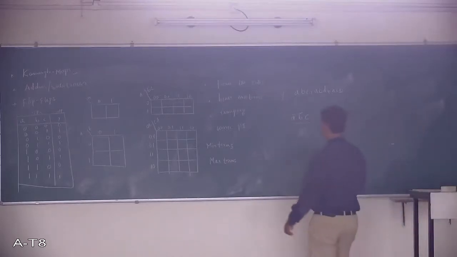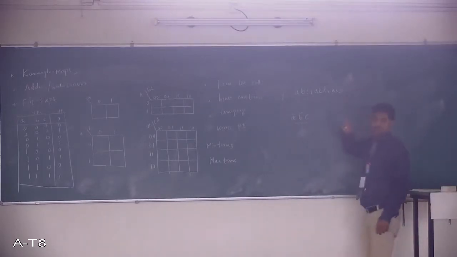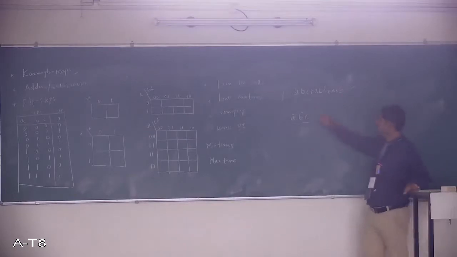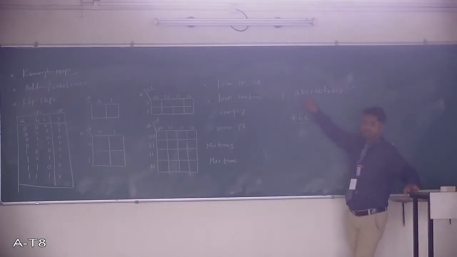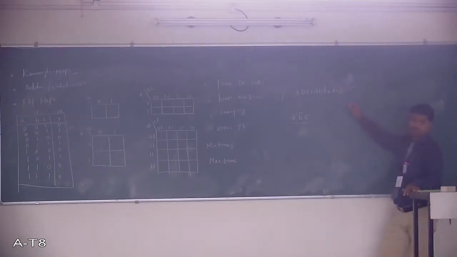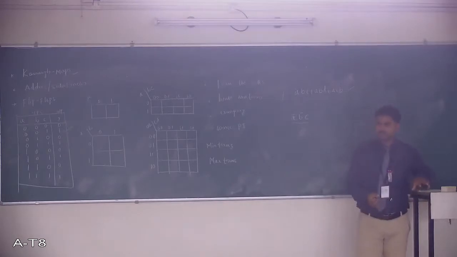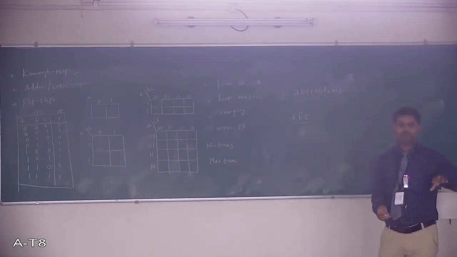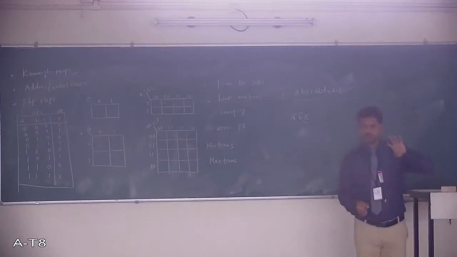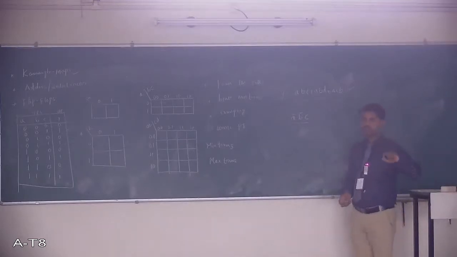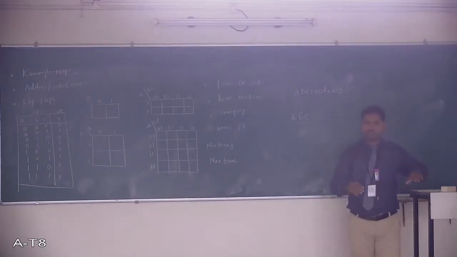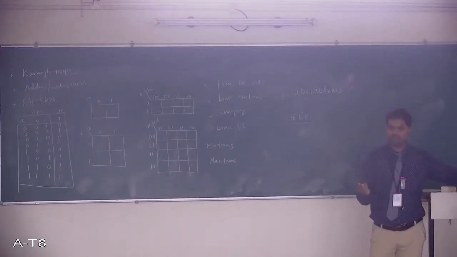Suppose, for example, you consider this expression: A bar BC plus ABD plus ACB. How many input variables are there? Input variables are 4. Why? Because all the variables have to appear either in complement form or uncomplement form.